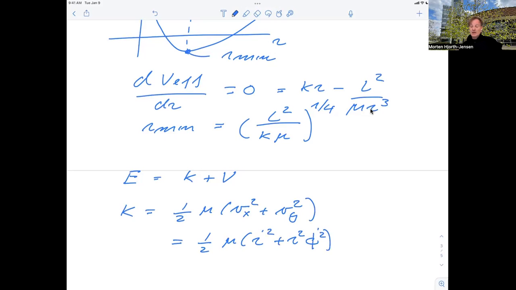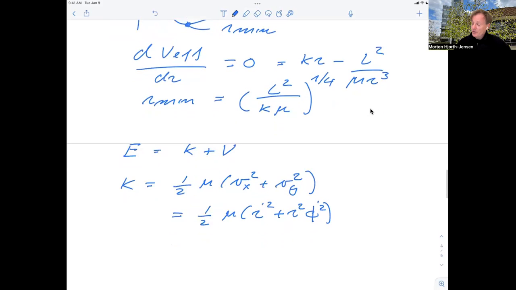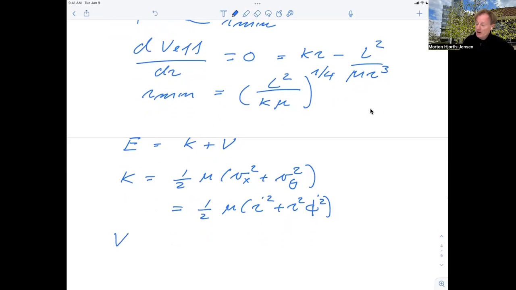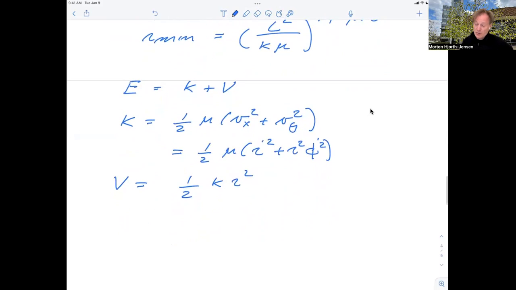And we know that the potential energy, when we do not add this angular momentum term, is given by k times r squared. Now, one of the things we can do is simply to ask ourselves, what is the value of the potential energy at the minimum?